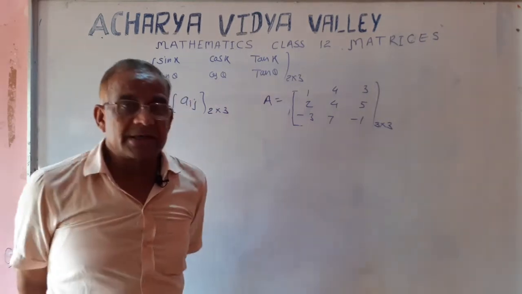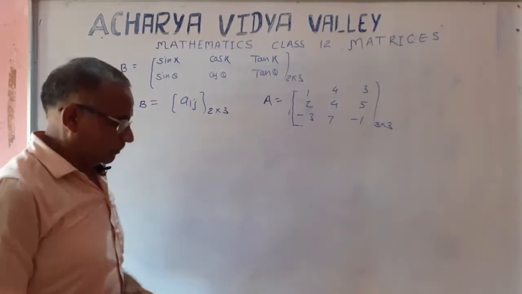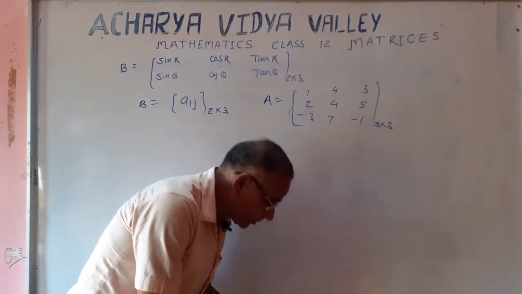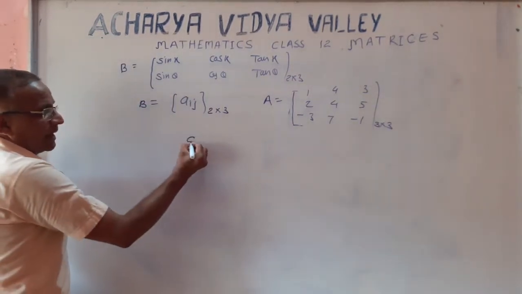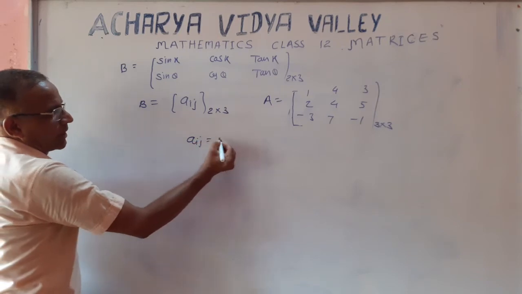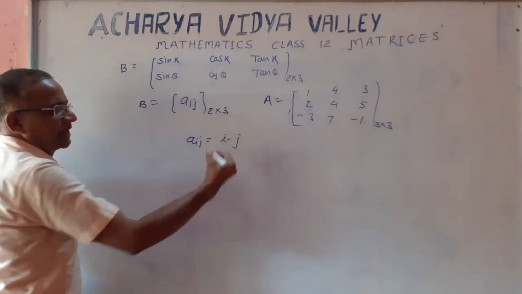We can find a matrix by a general formula. Aij equal to i minus j.